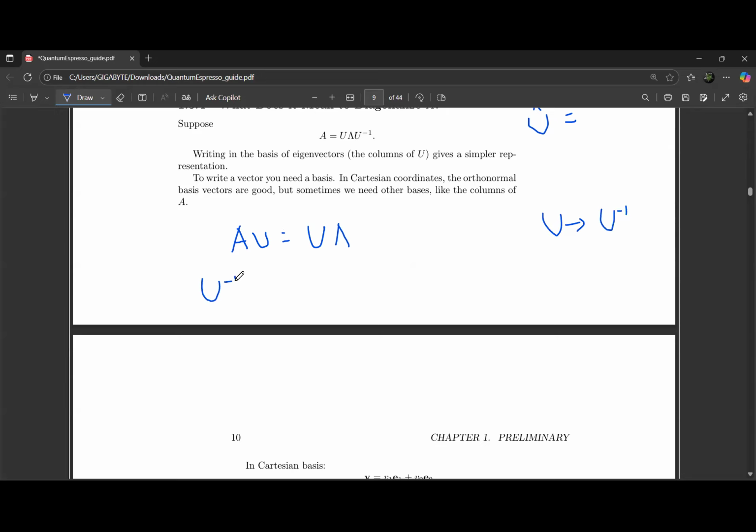I will have U inverse A U, and this U will get cancelled, and we will be left with lambda, which is the diagonal matrix. I'm sorry, not diagonalized matrix. You can write it as U inverse A U.